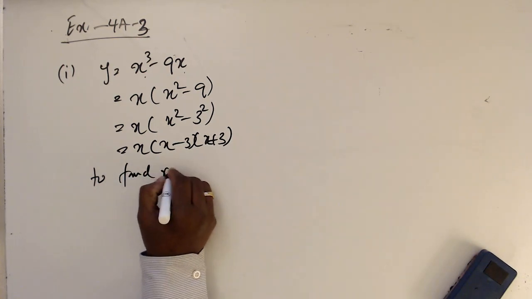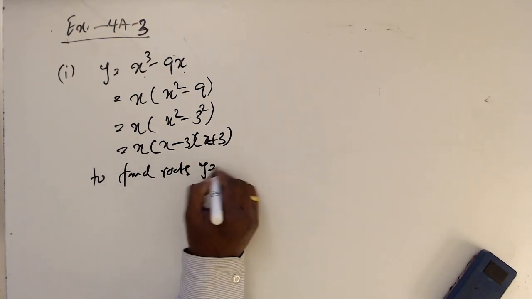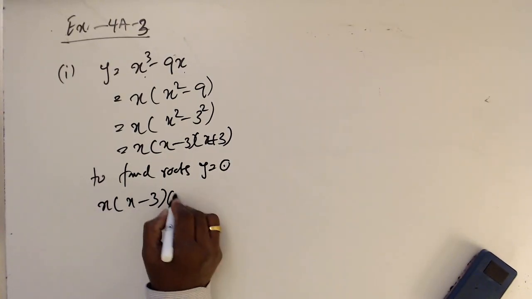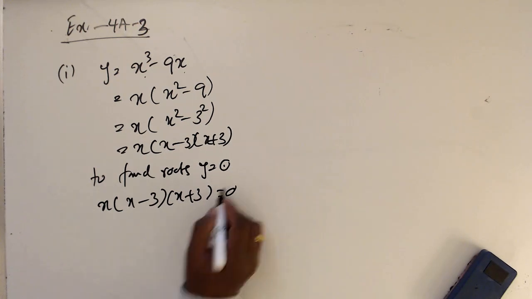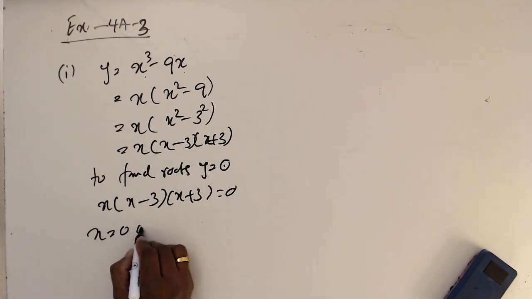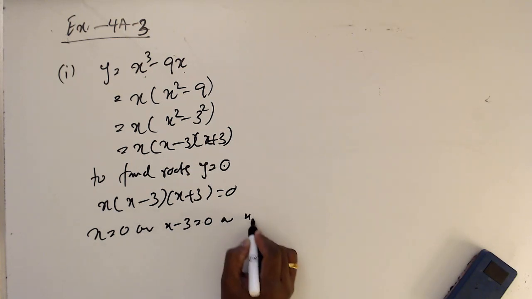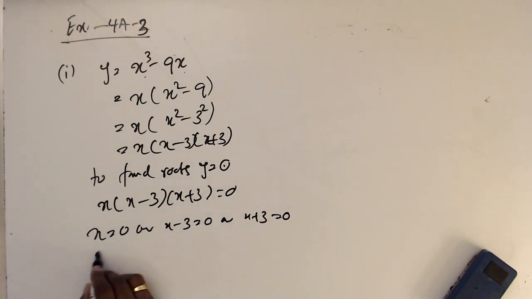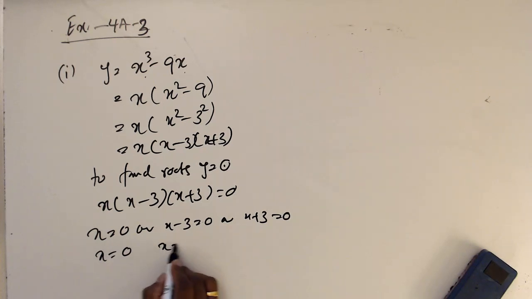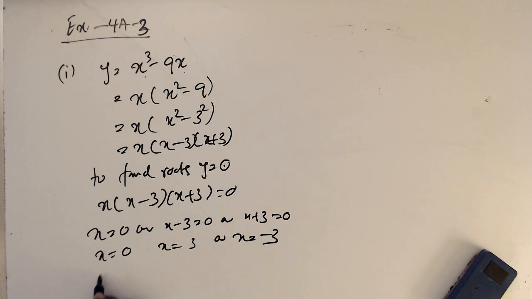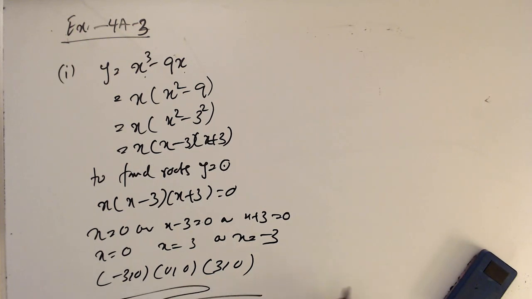To find the roots, we make y equal 0, then x(x − 3)(x + 3) = 0, so x = 0, or x = 3, or x = −3. Then (−3, 0), (0, 0) and (3, 0) are the roots.